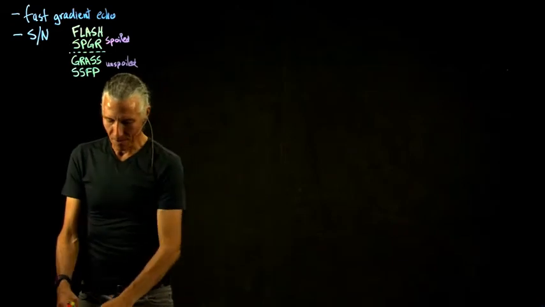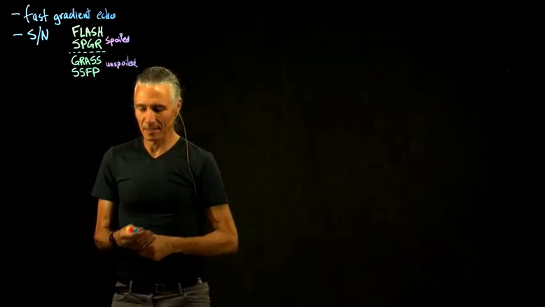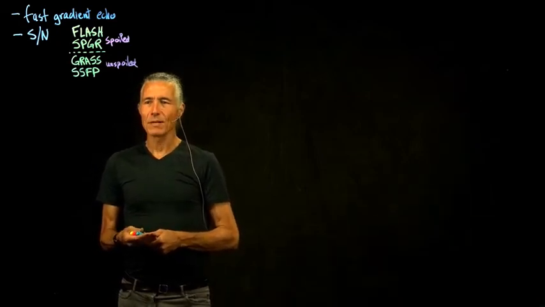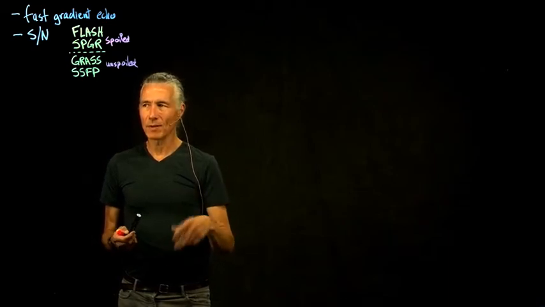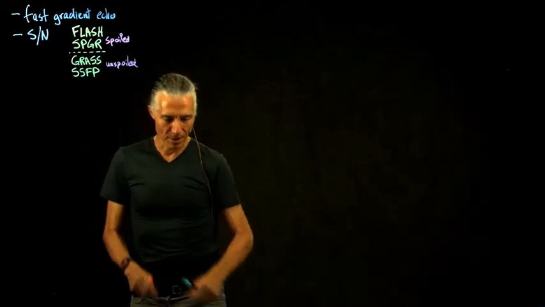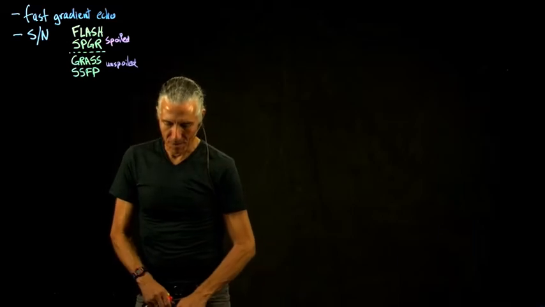And so what I'm going to do is draw out the whole pulse sequence, all the different gradients, so you can get an idea of what a real pulse sequence looks like, without really explaining it yet. But we'll come around a couple of weeks from now, after we've talked about the Fourier transform, and describe it a little bit more.